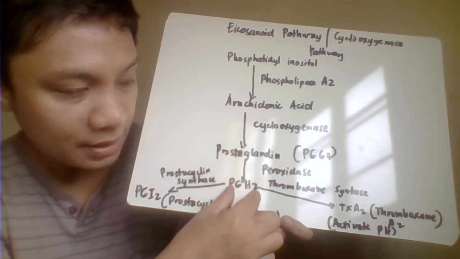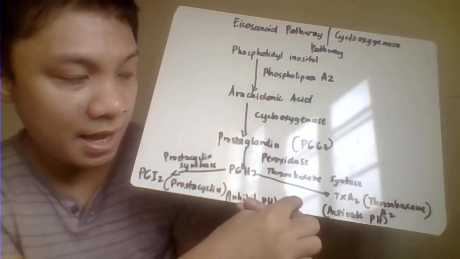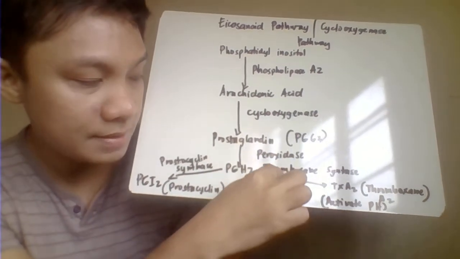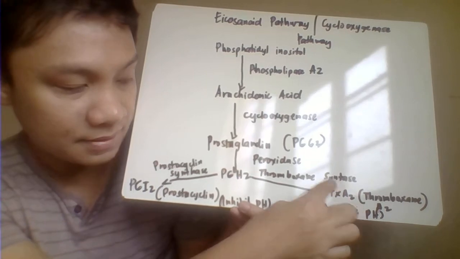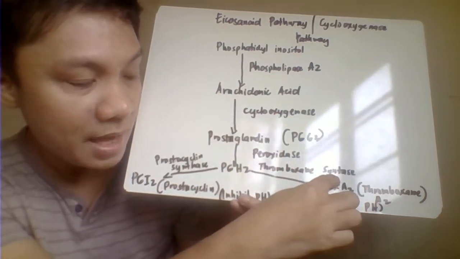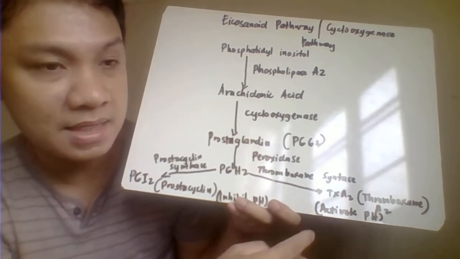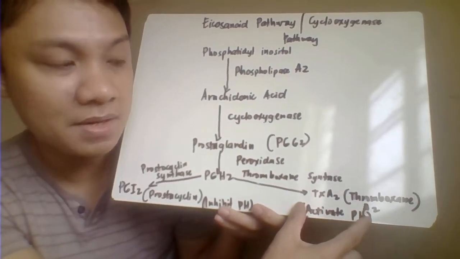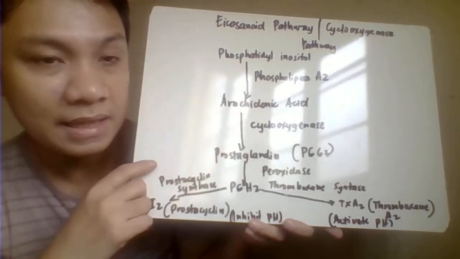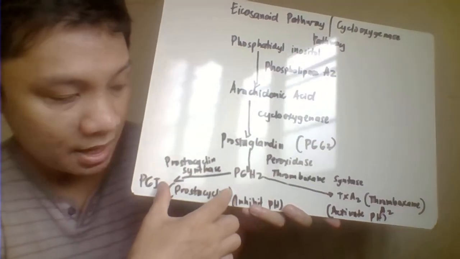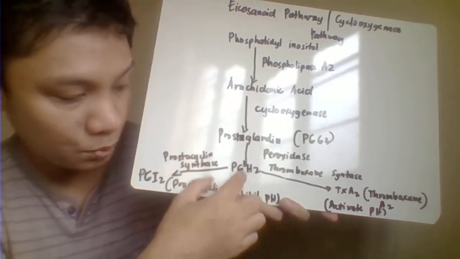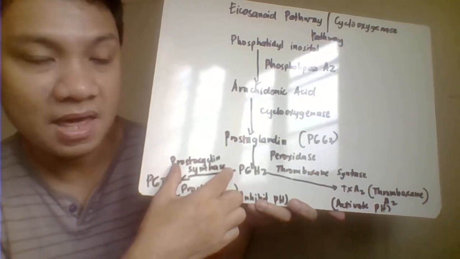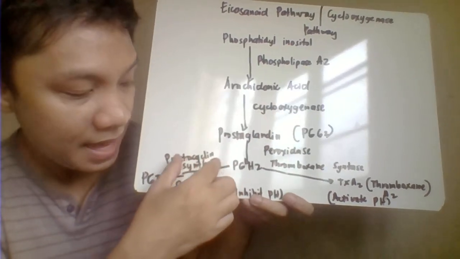Then, this one is acted upon by dalawang enzyme. Pwede siya, so will be acted upon by this enzyme thromboxane synthase. If this one is acted upon by thromboxane synthase, you produce here thromboxane. And thromboxane helps para magkaroon ng clotting process by activating your platelets. Pero ito, pag dito siya, your PGH2 is acted upon by the enzyme prostacyclin synthase.